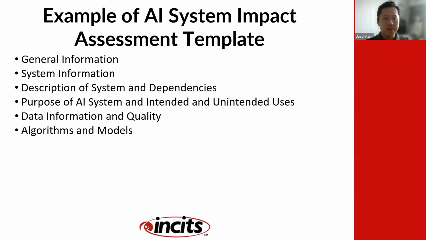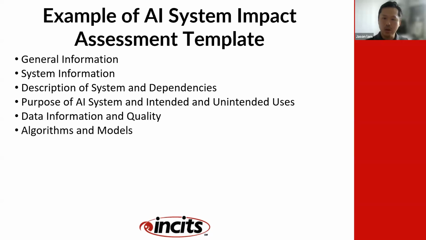So the examples will include general information of the AI system, as well as any dependencies, and go into some details as it relates to capabilities, being able to go through what the purpose of the system is, as well as formally documenting the use and misuse, or unintended uses, of the AI system, as well as including information as it relates to the data sets being utilized by the system, as well as any detailed information related to the quality processes.